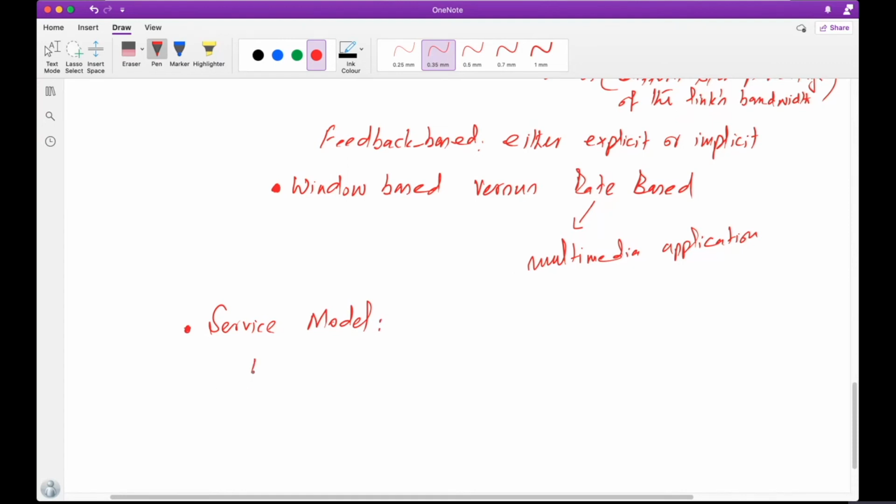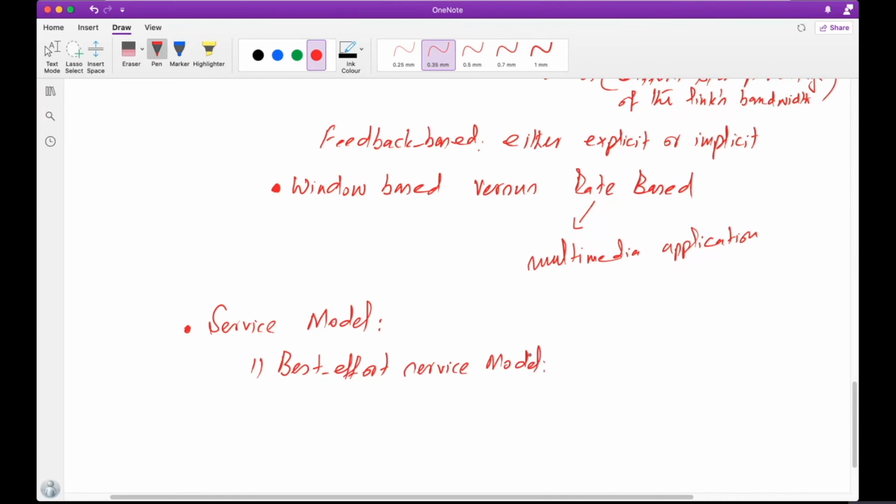Number one is called best effort. To conclude the introduction of the problem of resource allocation mechanisms, let's talk about the service model. So one is called the best effort service model.